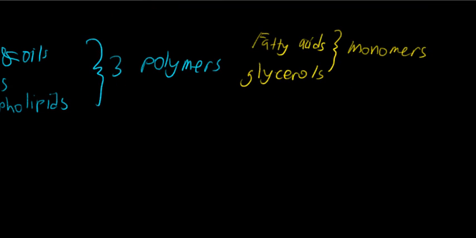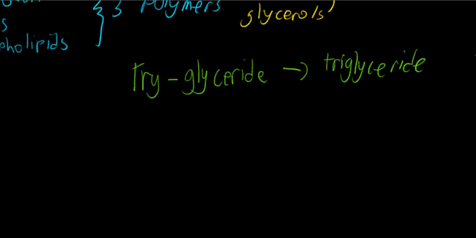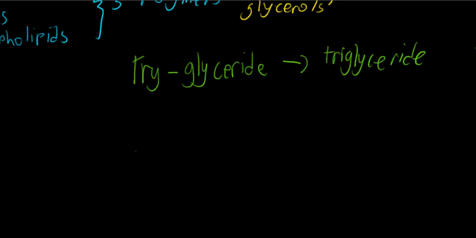Well, I'll show you how we make fats and oils. A fat is called a triglyceride. It's pronounced like this, triglyceride, spelled like this. And it actually looks like this. If you were to look at it under a microscope, you would see something probably like this.